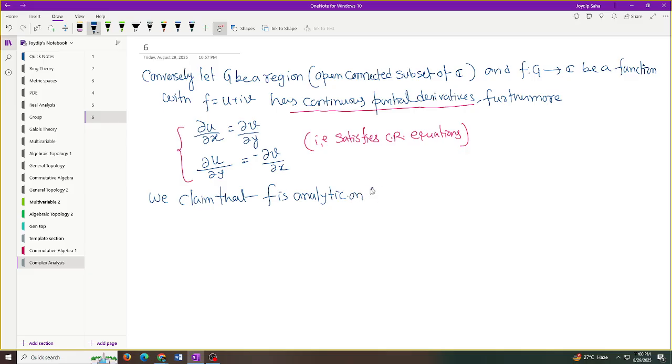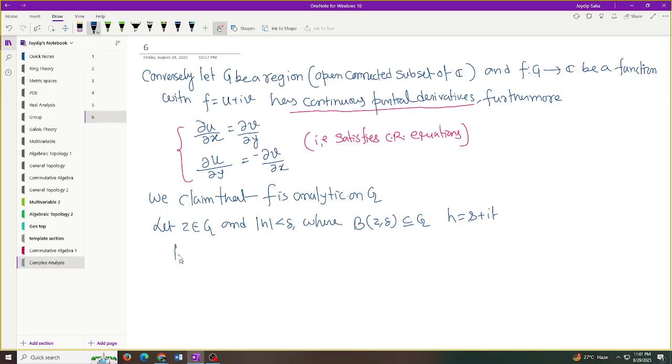On G, let z belong to G and mod h less than delta, where B(z, delta) is a subset of G, because G is an open set, so there exists delta greater than 0 such that B(z, delta) is a subset of G. h equals s plus it.